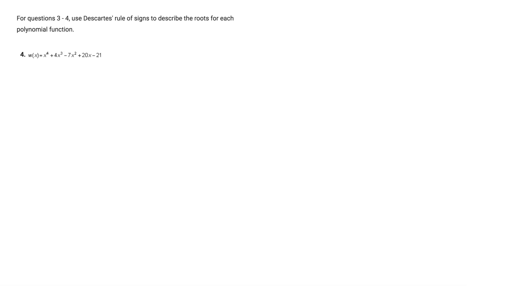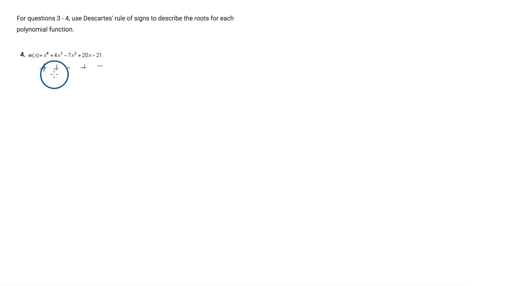For question 4 in the checkup, we're asked to use Descartes' rule of signs to describe the roots for this polynomial function, W of x. So remember, we just care about the coefficients. We start with a positive, then we have a positive 4, negative 7, positive 20, and we have a negative 21.